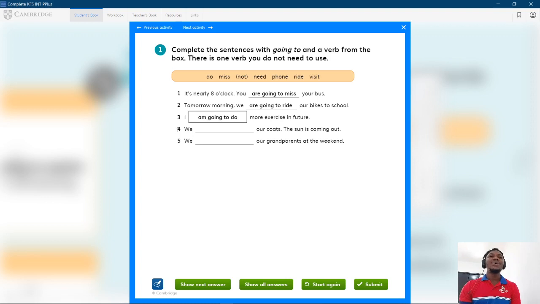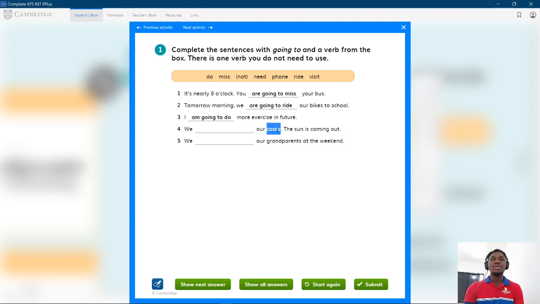Okay, guys. Question four. We are our coats. Okay. The sun is coming out. So, guys, when the sun is coming out, the weather becomes hot. And when the weather is hot, we don't wear our coats. We don't use our coats.